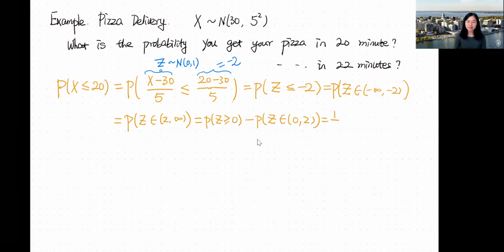And the probability that Z is greater than or equal to 0 is 1/2. And the probability that Z is in the interval 0 to 2 can be figured out from the table.